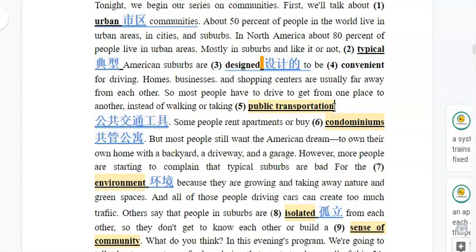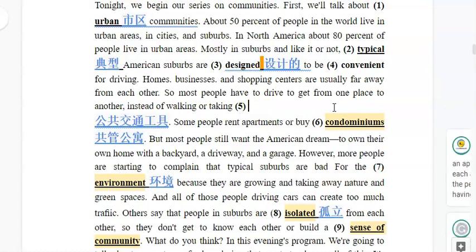That's what it's like in a city, right? Most people have their own cars, right? Yes. Please read it again and guess the missing word. So most people have to drive to get from one place to another instead of walking or taking public transportation. Okay, correct. That's the missing word.